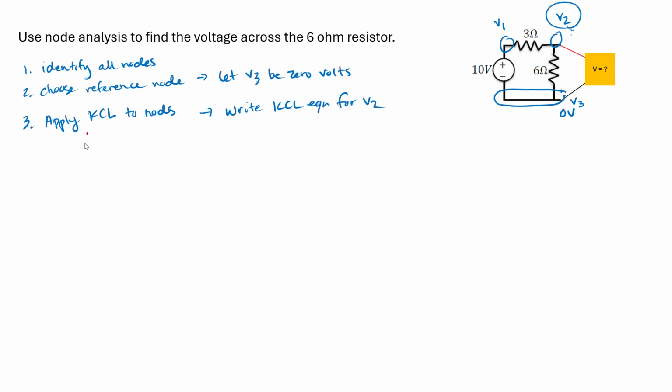So to do that, we need to assume some currents. I'm going to go ahead and assume I have two currents, I1 and I2. So let's say I1 is entering V2 and I2 is flowing from V2 downward.